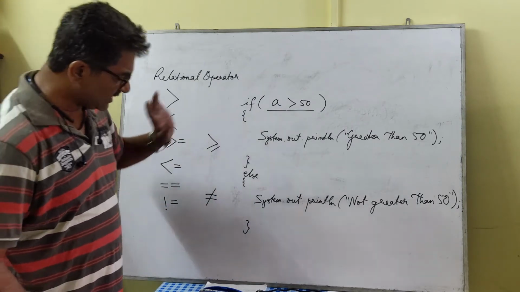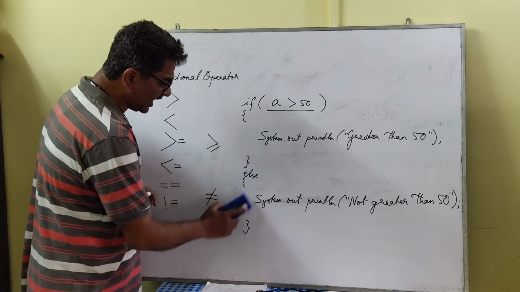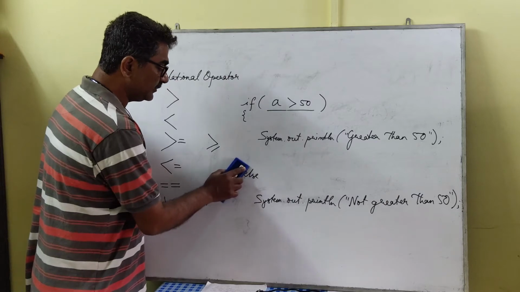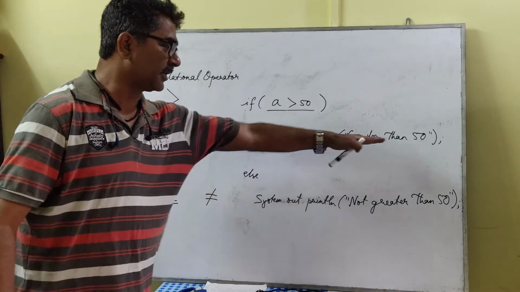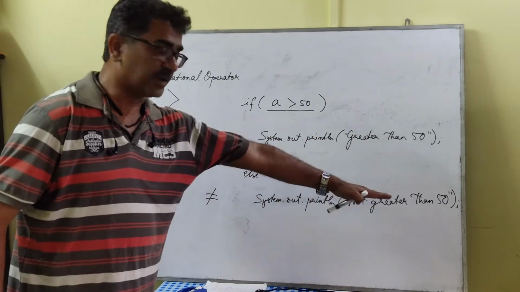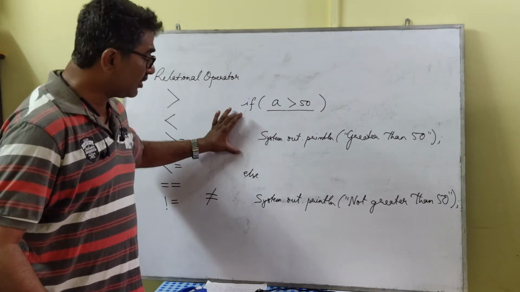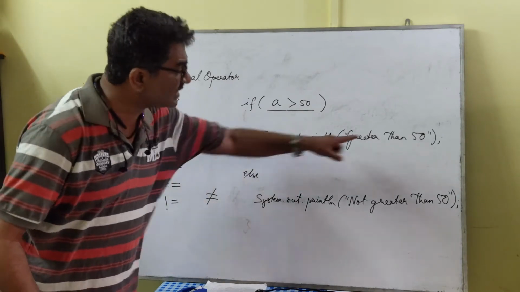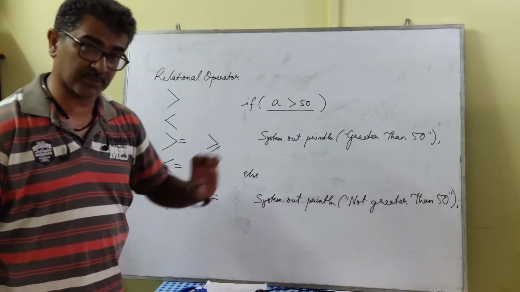That means in this case I could have written the entire if-else statement without the braces. I could have just written, if this condition is true, it will print this message, otherwise it will print this message. Now this way, without giving the braces, is applicable only when there is only one statement within the if block, or there is one statement within the else block.